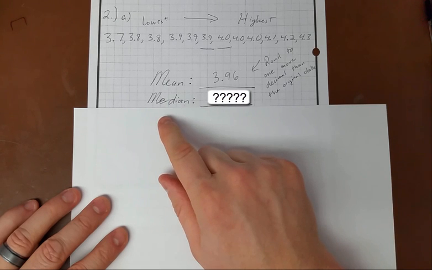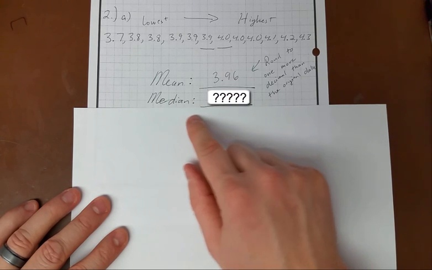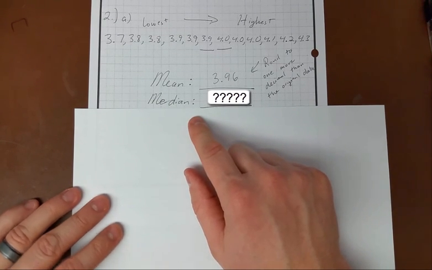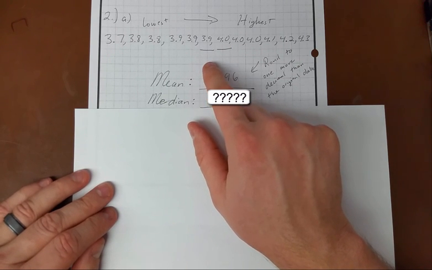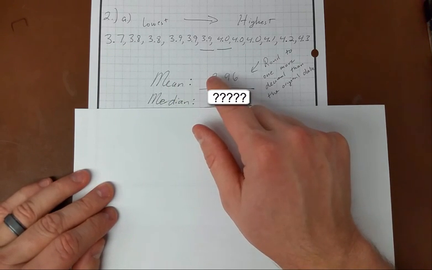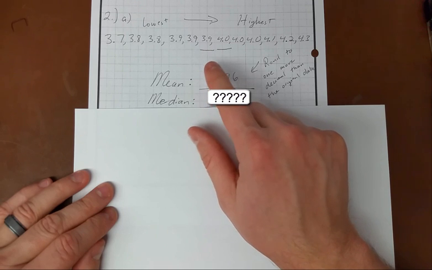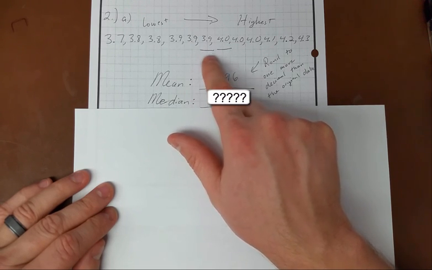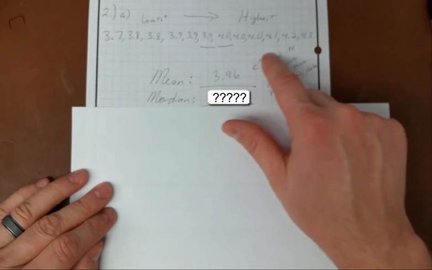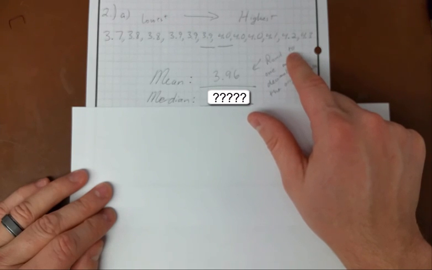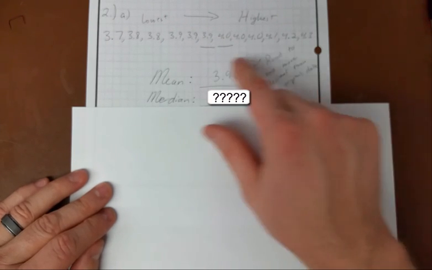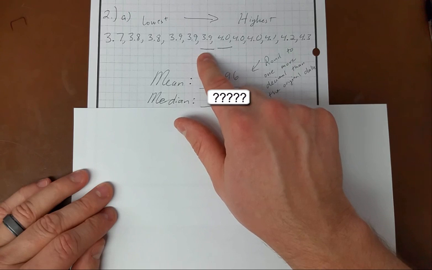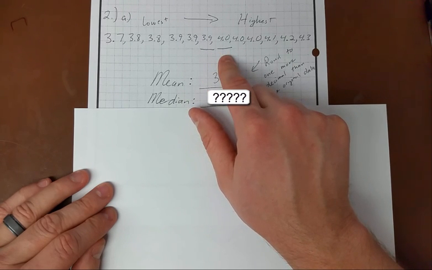The next thing we need to calculate for part 2A here is the median. The median is our center value. If you had an odd number, you'd have only one center number. But since we have an even number, 12, we have two values we have to take into account. We have 3.9 and we have 4.0.